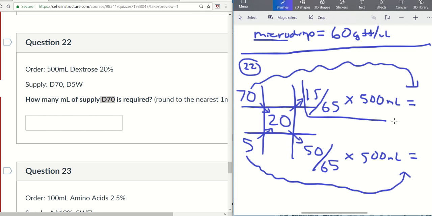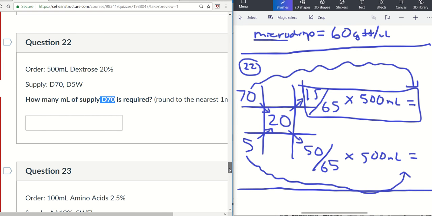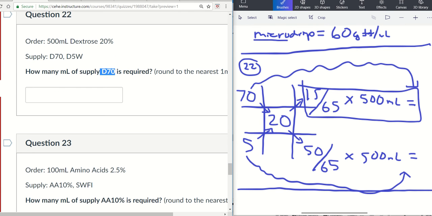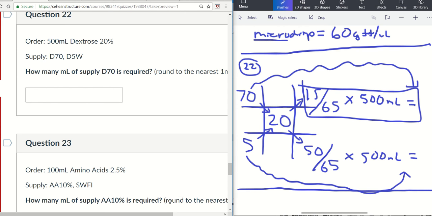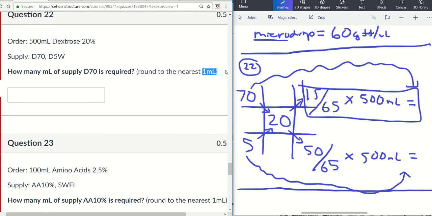Punch this in, round to the nearest mL. So it would just be 115. 0.38, you'd round down. So 15 divided by 65 times 500, to the nearest whole mL would be 115.